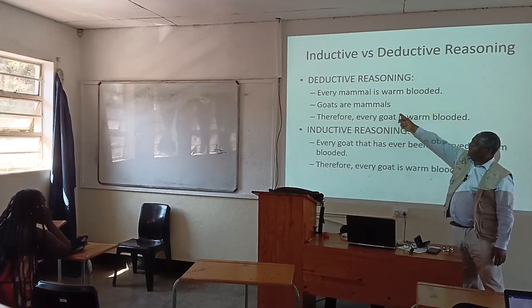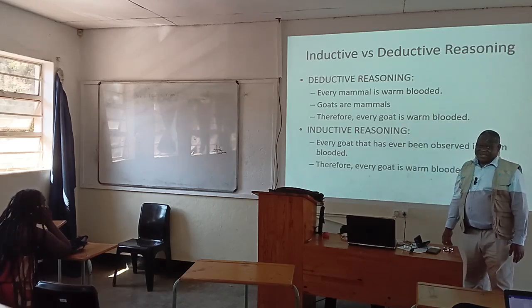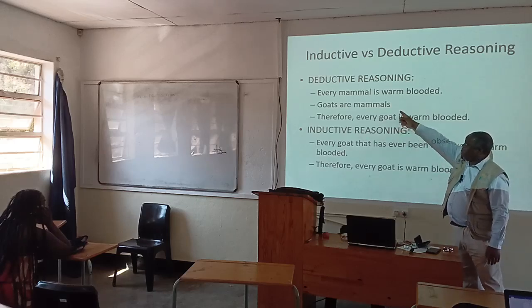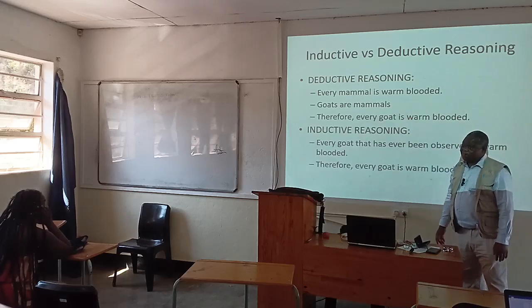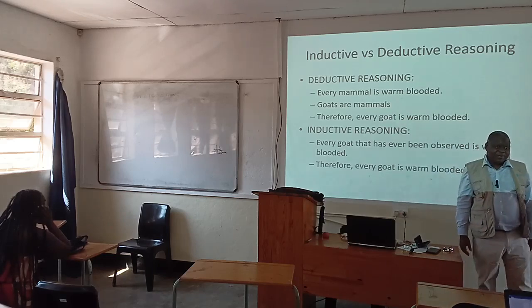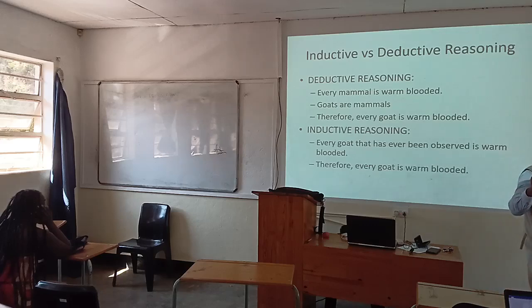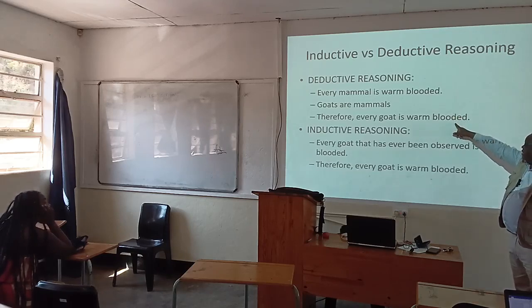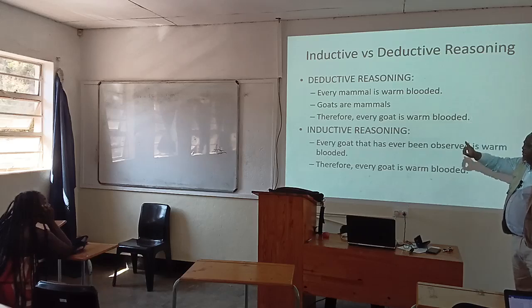We are using a fact that goats are mammals, but it must be a correct fact. Because if we find a goat bone and it doesn't have a vertebral column, yet it is a goat, then our fact that goats are mammals will be questioned. But as long as those two statements are correct, then our conclusion here is correct.